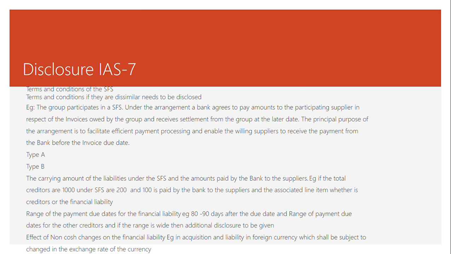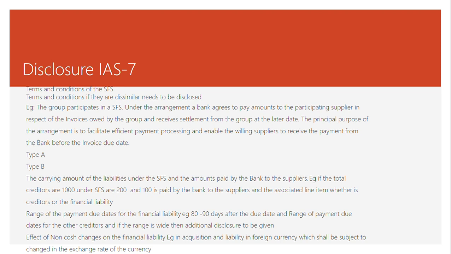Disclosure in IAS 7. Terms and conditions in the supplier financing arrangement. Terms and conditions, if they are dissimilar, need to be disclosed. The group example: the group participates in SFS. Under the arrangement, a bank agrees to pay amounts to the participating supplier in respect of the invoices owed by the group and receives settlement from the group at a later date.